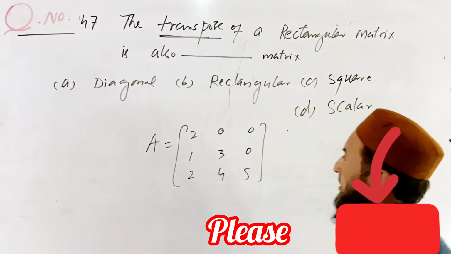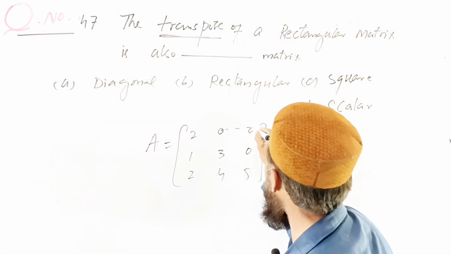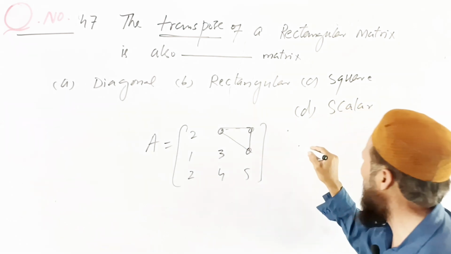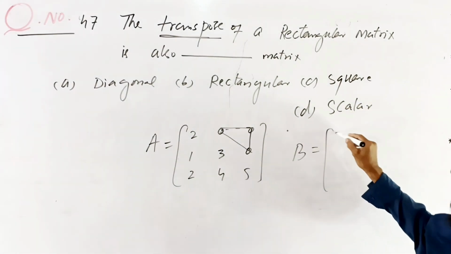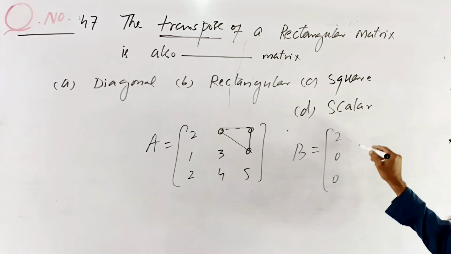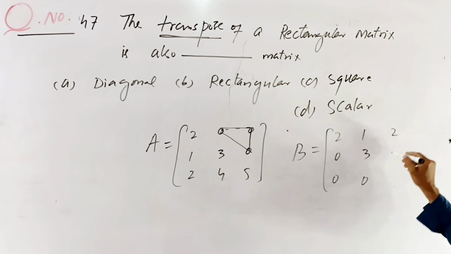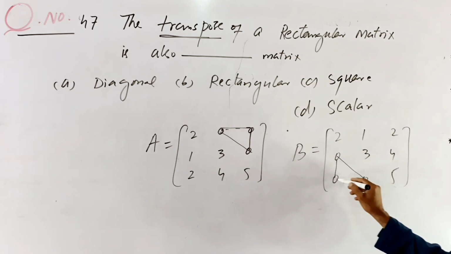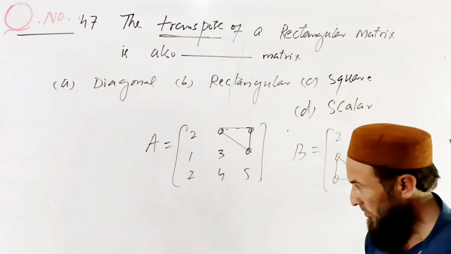So this is a lower triangular matrix. Similarly, we take another triangle, 2, 0, 0, 0 and 1, 3 and 0, 2, 4, 5. This is called an upper triangular matrix.